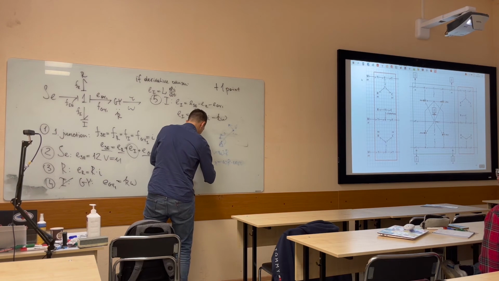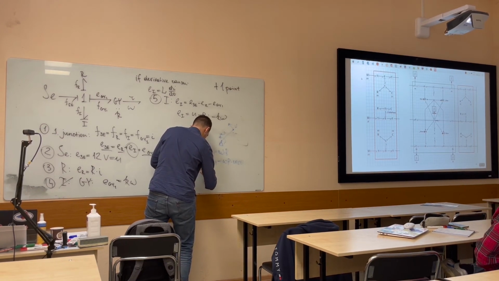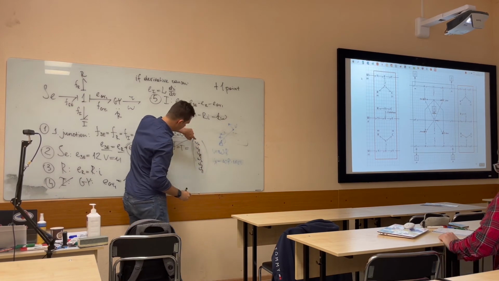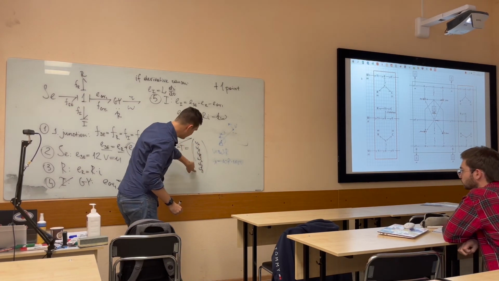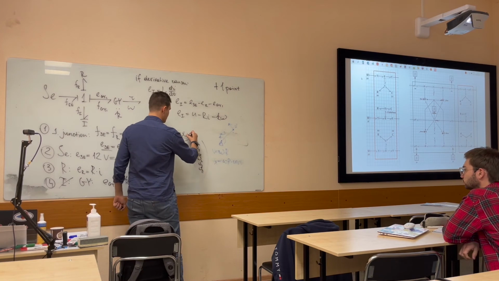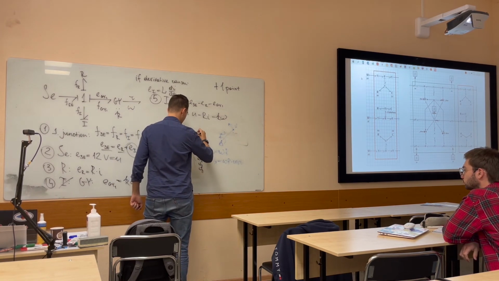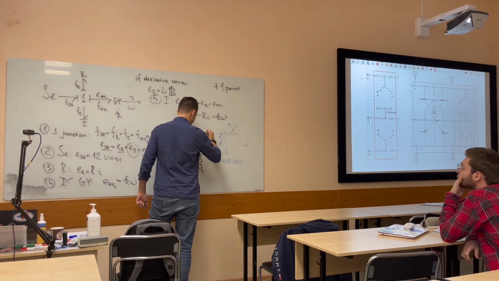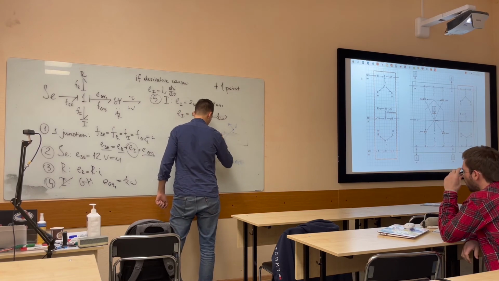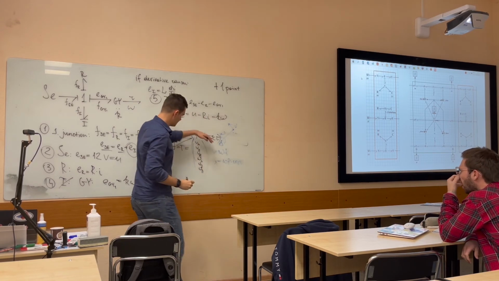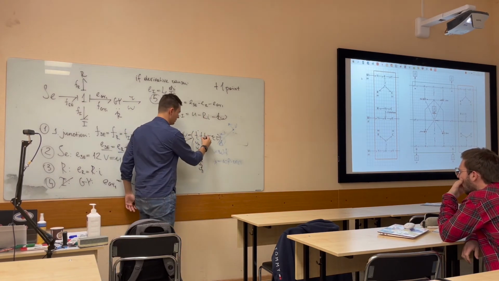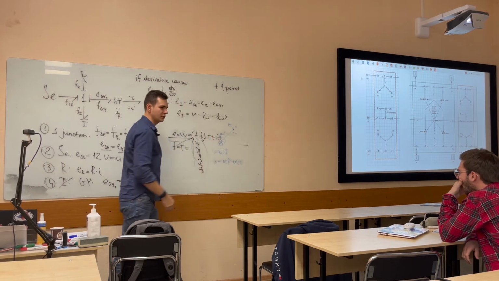Twist will be a vector of all the velocities. So it's 3 components of linear velocity and 3 components of angular velocity, and the wrench will be 3 components of forces and 3 components of torques, with different coefficients here.